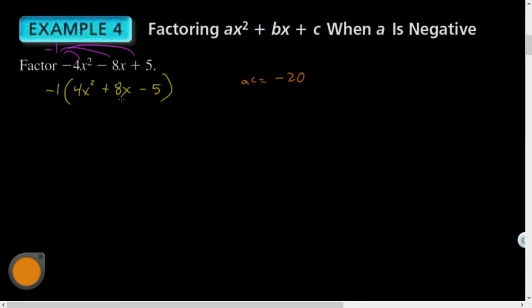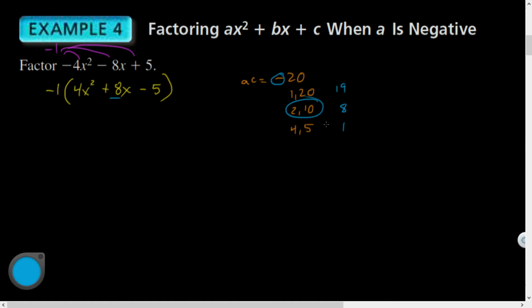Yeah, the B term's coefficient, right? So factors of 20 are 1 and 20, 2 and 10, 4 and 5. And of those numbers, I'm finding the ones that subtract to be the B. All right, so 1 and 20 have a difference of 19, 2 and 10 have a difference of 8, 4 and 5 have a difference of 1. Looks like I found my winner.